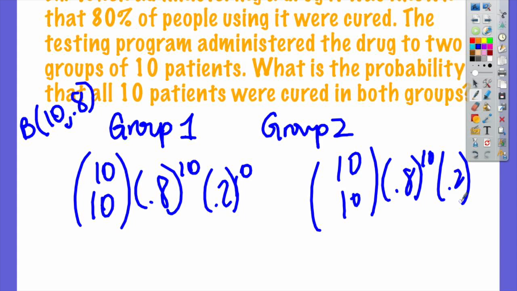But to figure out the probability that all 10 patients were cured in both groups, what would you need to do to these 2 probabilities? You multiply them. So whatever you got, you had to multiply it by itself to get 0 point what?